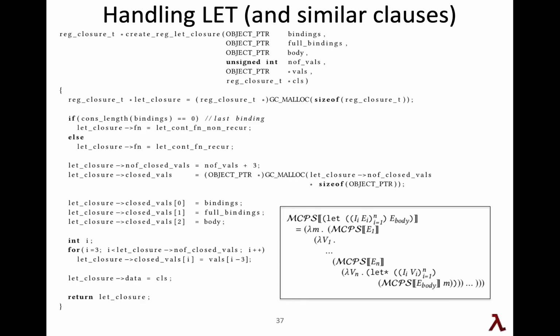A similar strategy is employed for primitives and function applications as well. The rest of the framework is pretty much the same as what I have explained for the if construct. So you have the standard big M and small M closures, and the way they partition the source expression into different closed values and so on.